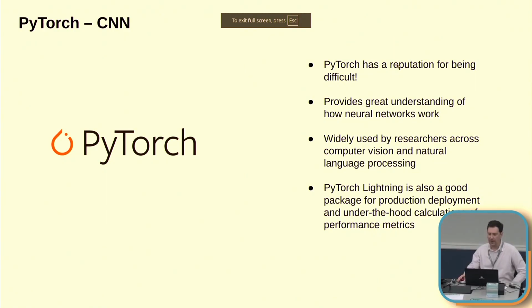Let's go to PyTorch. Using that data set, I wanted to look at implementing PyTorch with a CNN, and also with transfer learning, because PyTorch has a reputation of being a difficult framework, and a lot of people use TensorFlow, but PyTorch is really accessible.